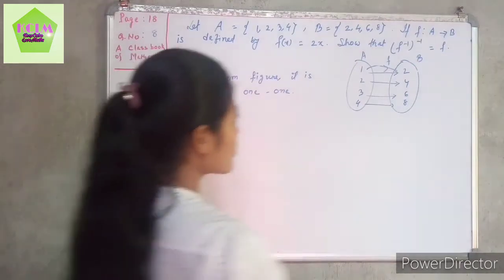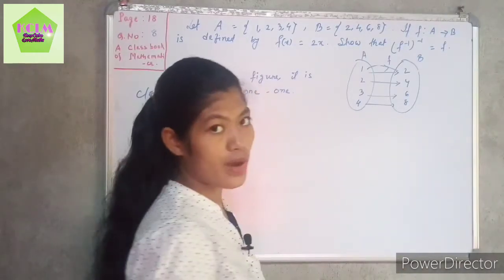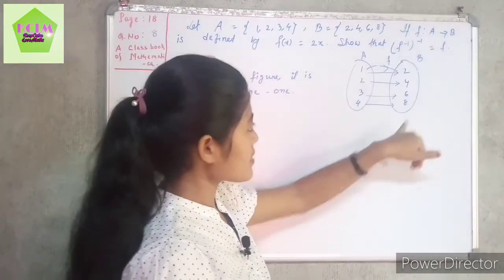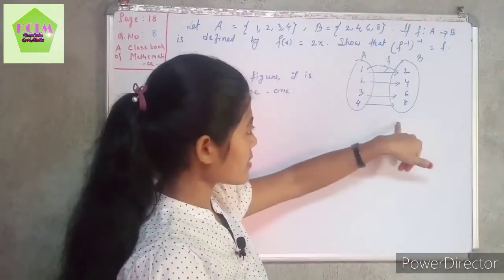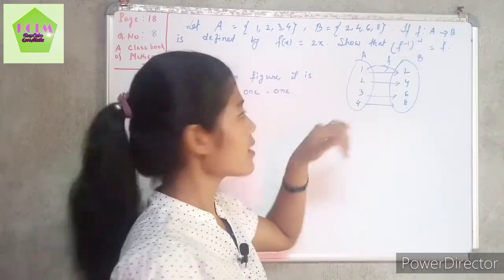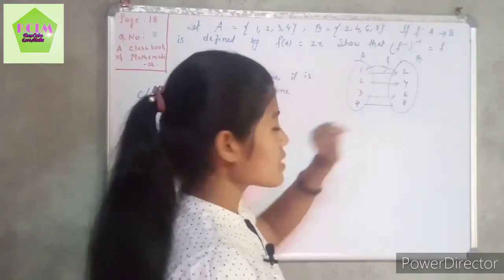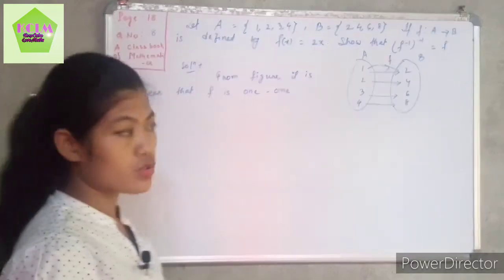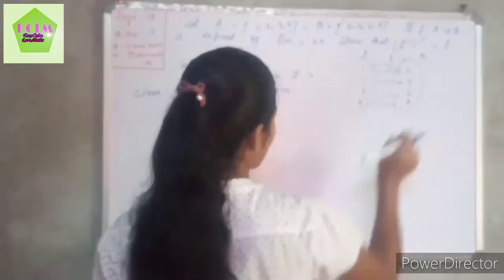Now f is onto also. How? Since the elements in B, 2, 4, 6 and 8, have distinct pre-images in the first set A, so B is covered, so the function f is onto also, and there is no other element left behind.